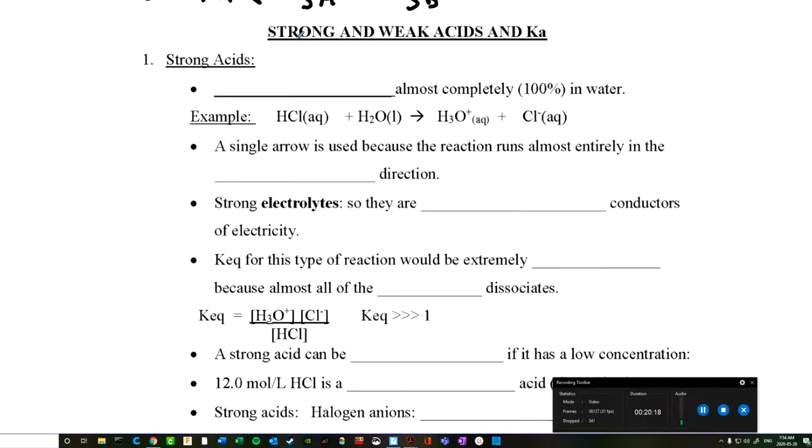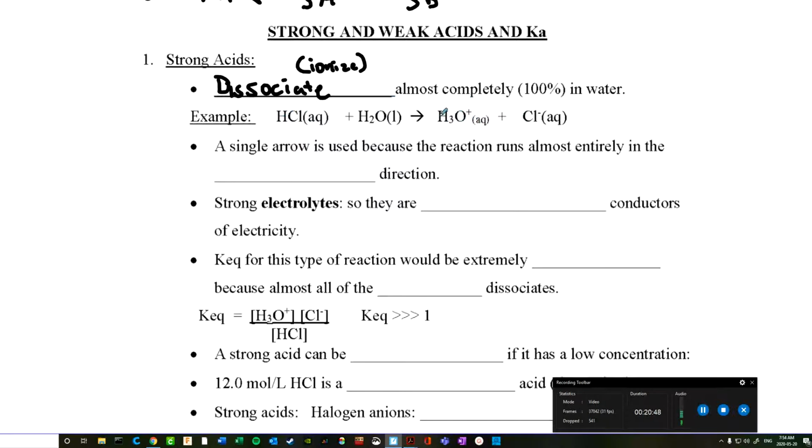applies. Okay, so we've talked about this already, but strong acids dissociate or ionize almost completely, 100% in water, right? So they completely break apart. For instance, hydrochloric acid is a strong acid. So in water, it basically completely separates out.